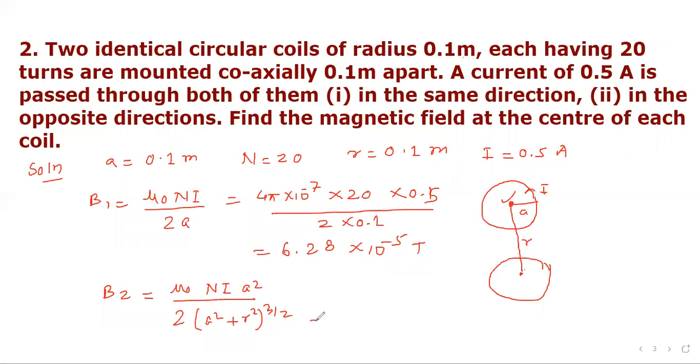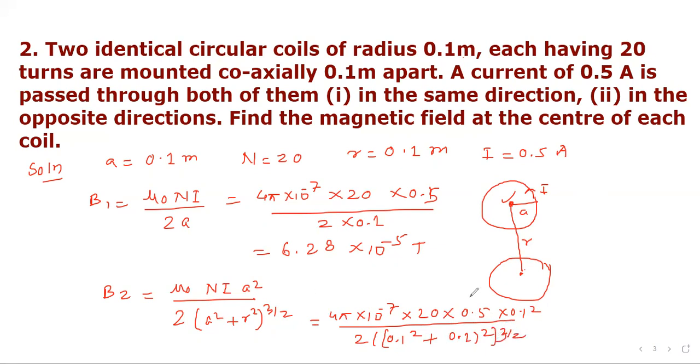So we put the values: 4 pi into 10 to the power minus 7 times 20 times 0.5 times 0.1 square divided by twice of (0.1 square plus 0.1 square) whole power 3 by 2.